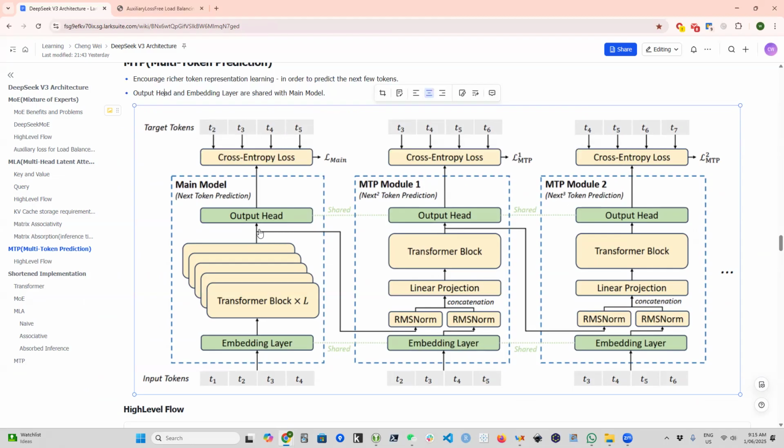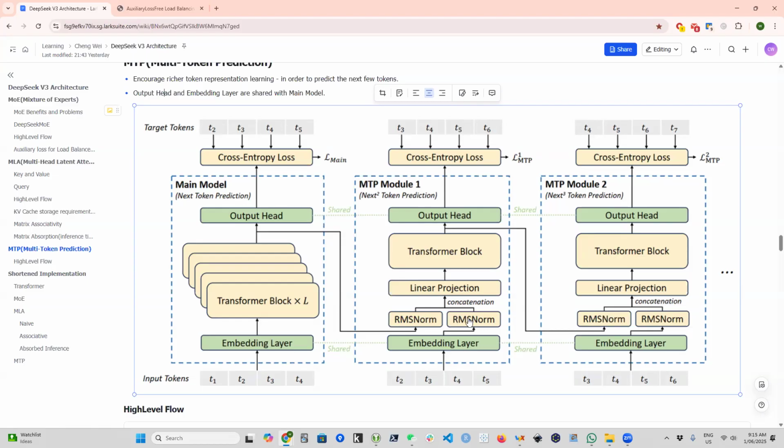The hidden state before the output comes into this multi-token prediction module and combines with T2. If we are at T1, this is T1's hidden state coming here, combined with T2.